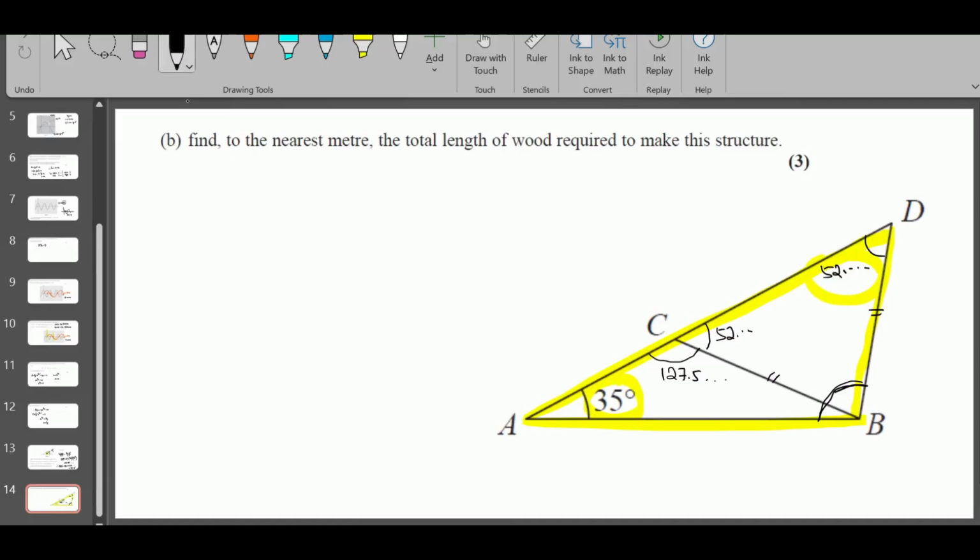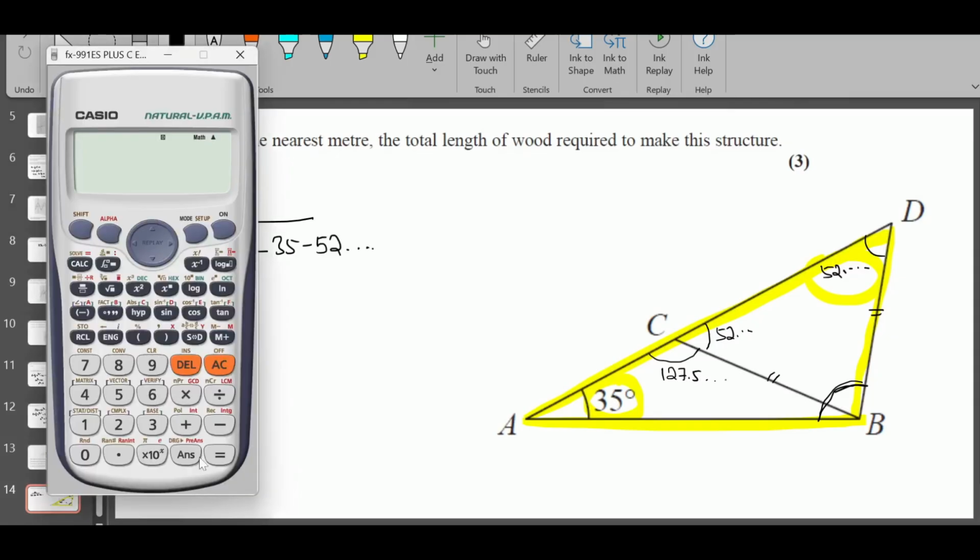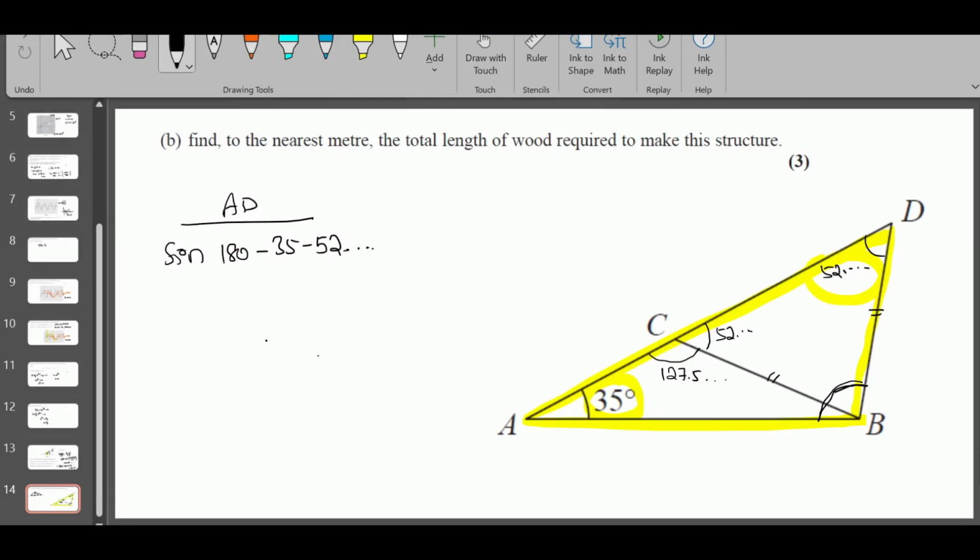So I'm going to apply the sine rule now. The whole length AD over sine angle at B, which is 180 minus 35 minus 52 point something, 52.48, is equal to, one angle opposite side, another angle opposite side.